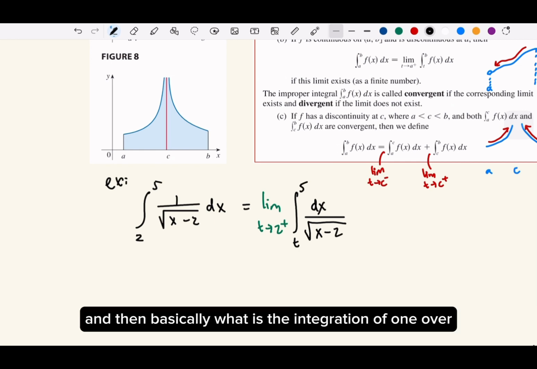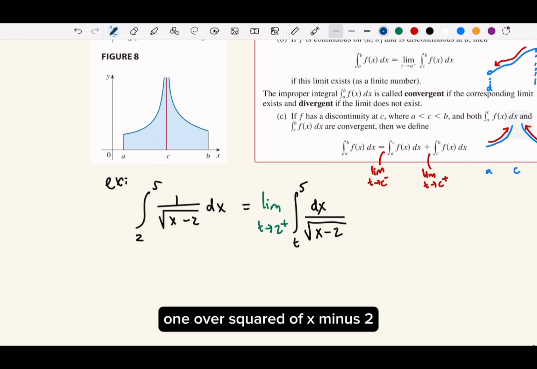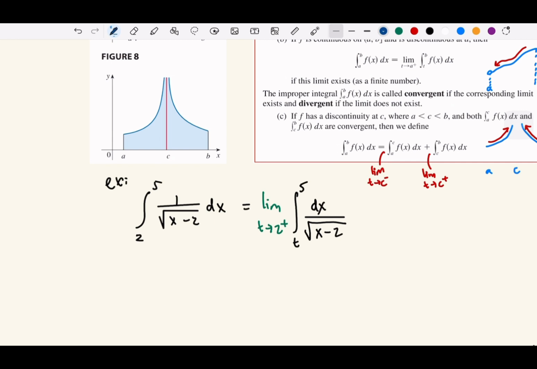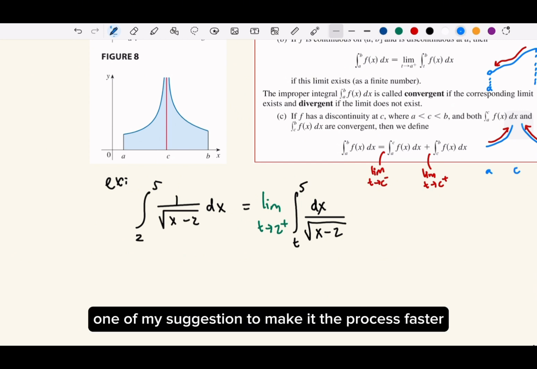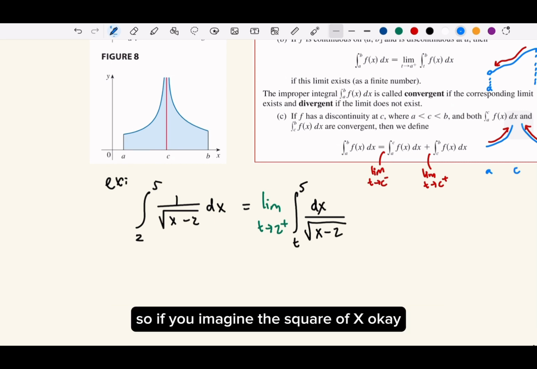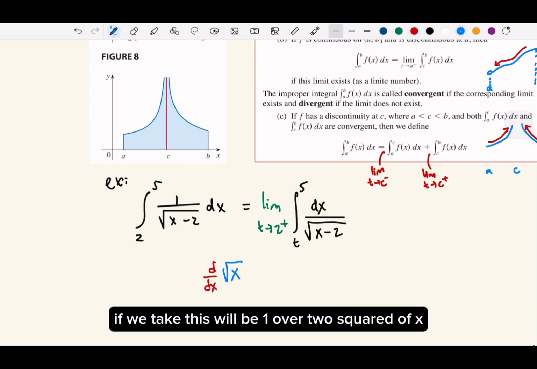And then basically, what is the integration of 1 over square root of x minus 2? How to integrate this? I think this is also one of my suggestions to make the process faster. So if you imagine the square root of x, okay? If we take the derivative, this will be 1 over 2 square root of x, right?